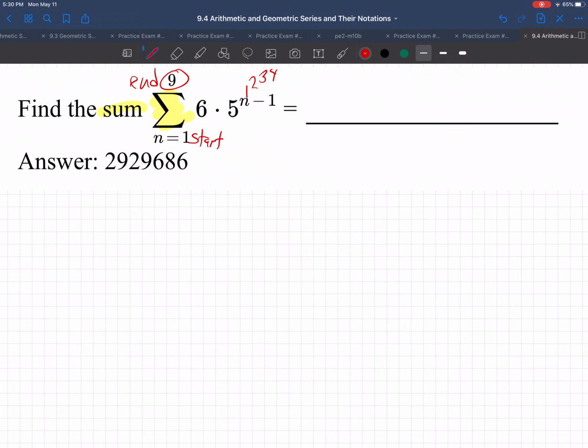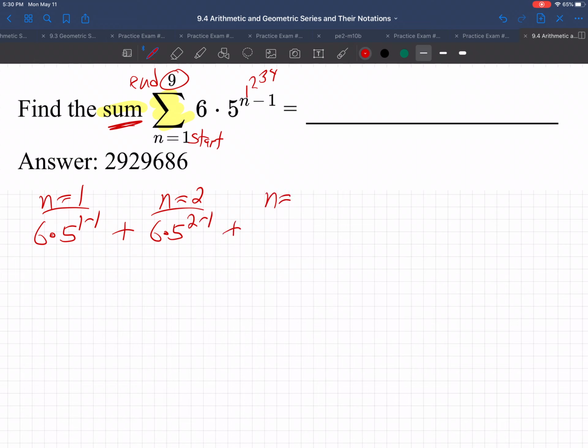So let's do that. I'm going to plug in n equals 1 first off. So it's 6 times 5 to the 1 minus 1. Plus, because it's a sum, and then you plug in 2. 6 times 5 to the 2 minus 1.